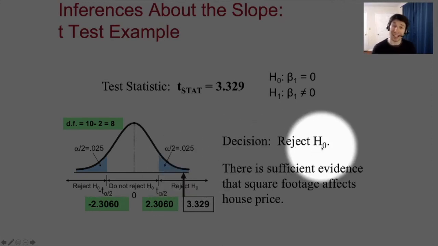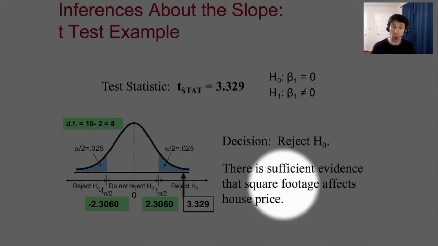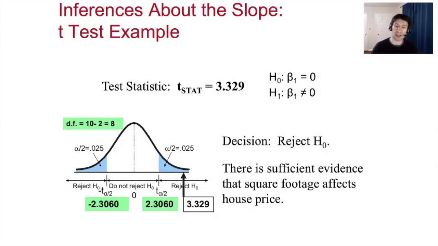Beta 1 is not equal to 0. There is a relationship. So in this case, there is sufficient evidence to say that square footage affects the house price, or at least is statistically significantly related to the house price.